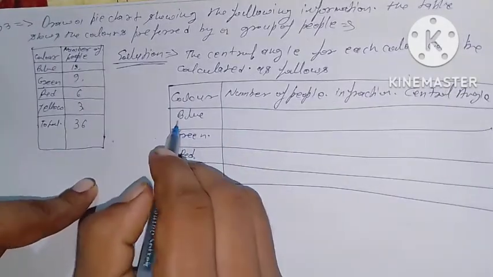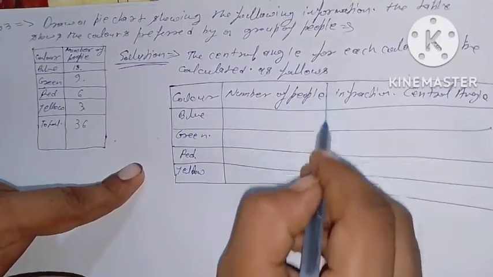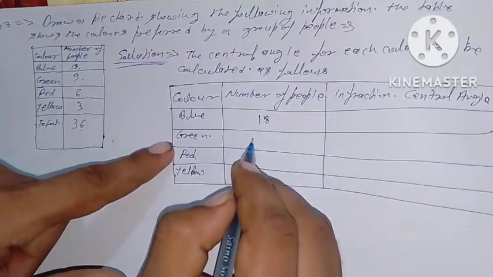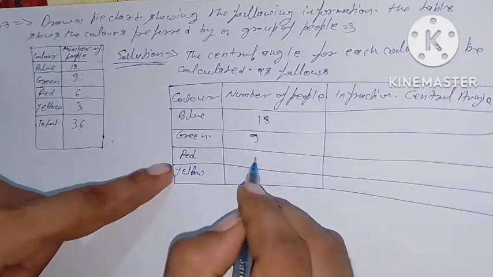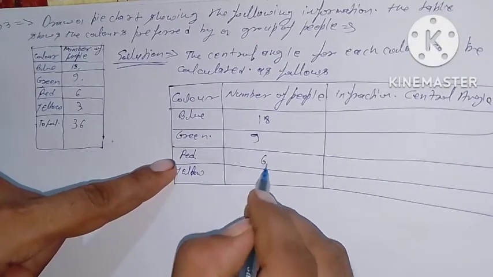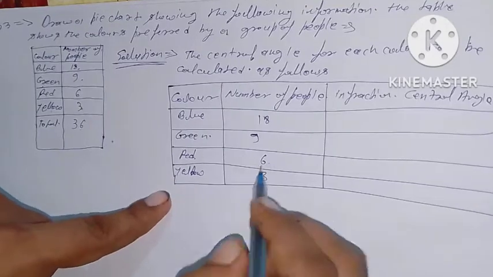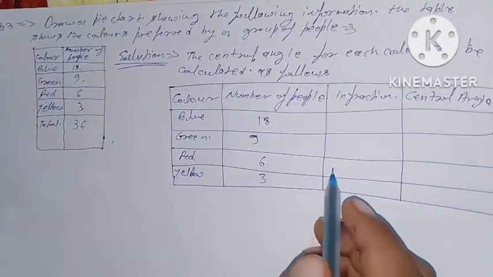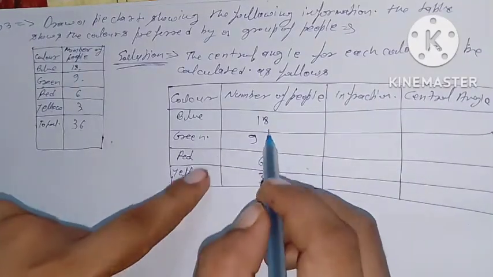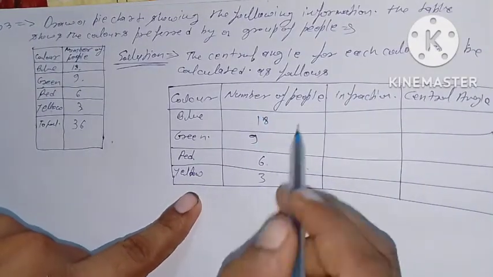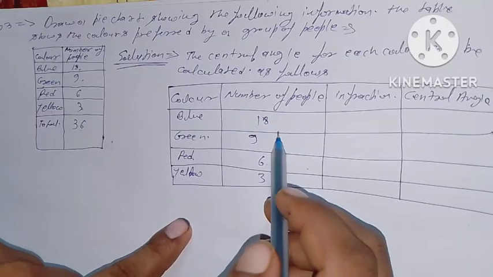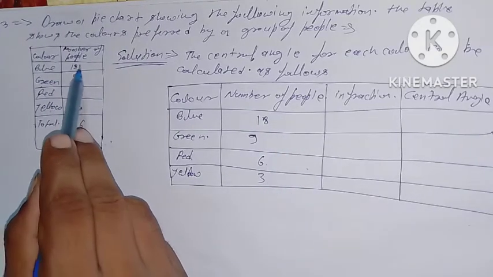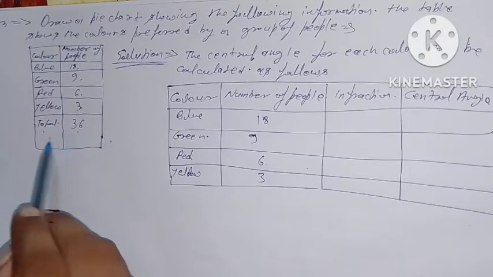This is the total. Number of people: 18 in blue color, 9 in green color, 6 in red color, and 3 in yellow color. And we will also convert into fractions. The total sum of these is 36, because 3, 6, 9, 18, total is 36.